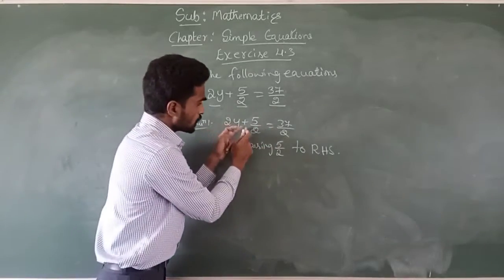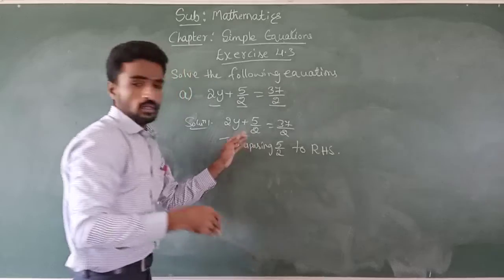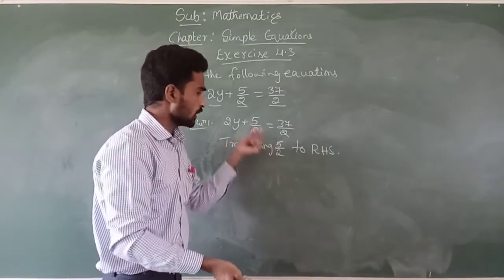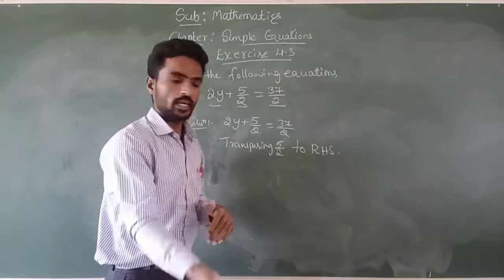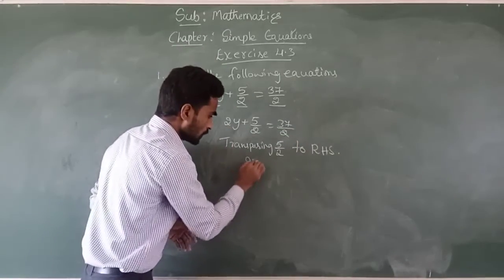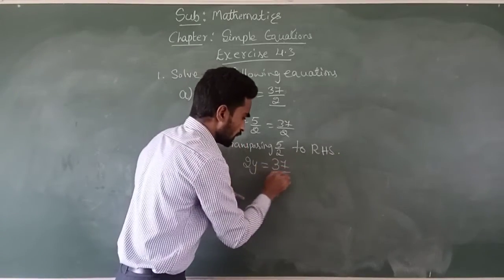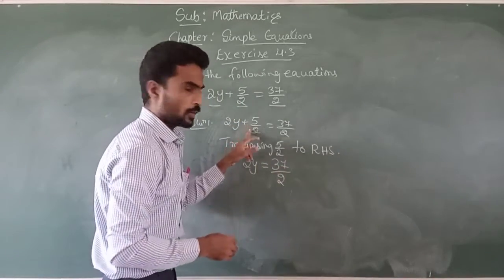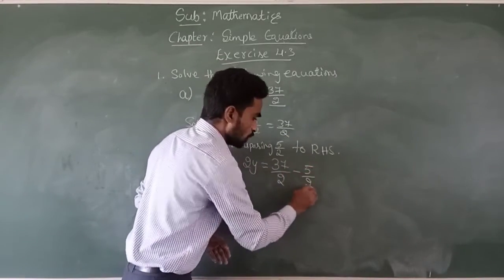Here plus 5 by 2 is there, it goes to the RHS side, then it becomes negative. Then 2y is equal to 37 divided by 2 minus 5 by 2.